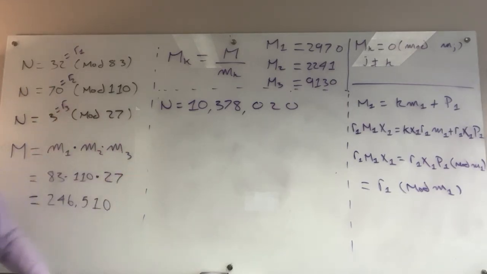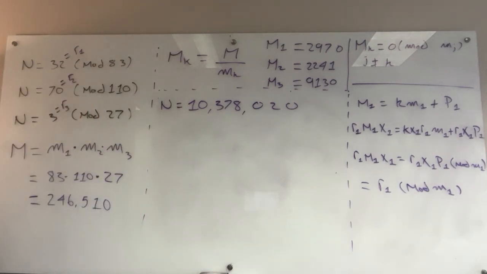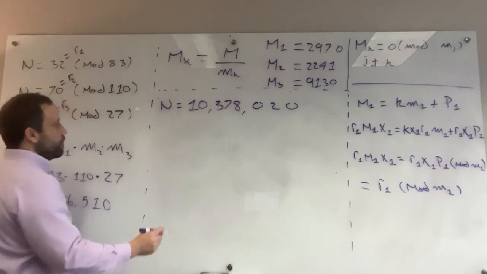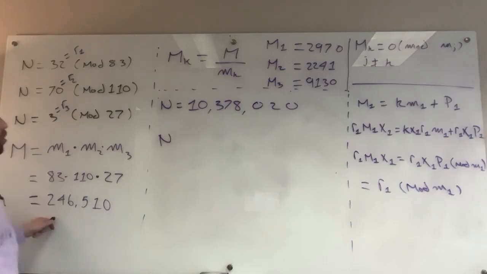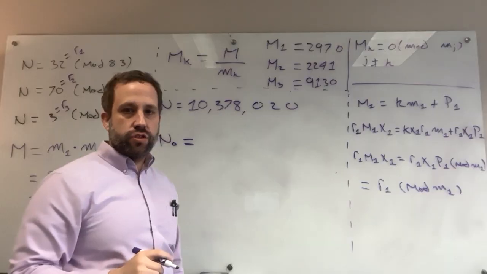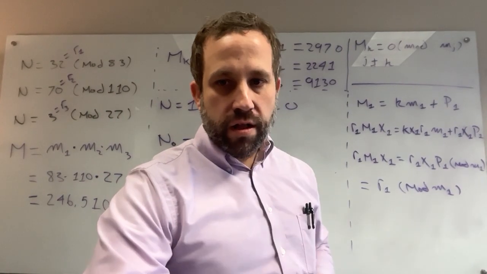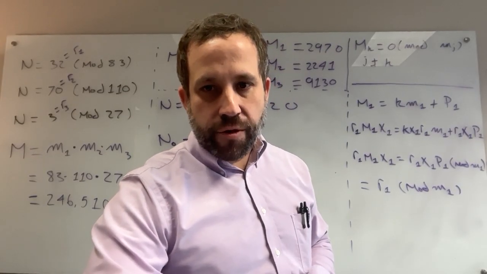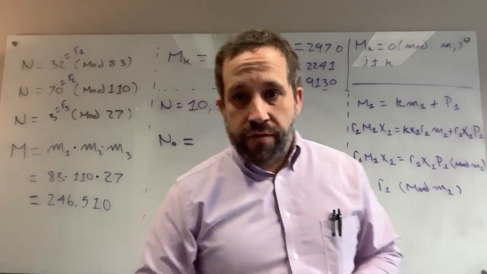If I take this solution and reduce it mod m, for the reasons that I discussed in the beginning of the video, that's also going to be a solution as well. So it turns out if we subtract off this number 42 times, we get what I'm going to call n naught, which is the smallest solution, which is 24,600.